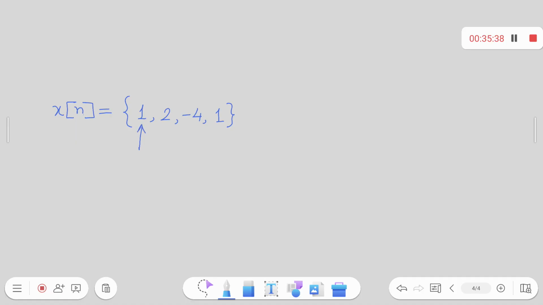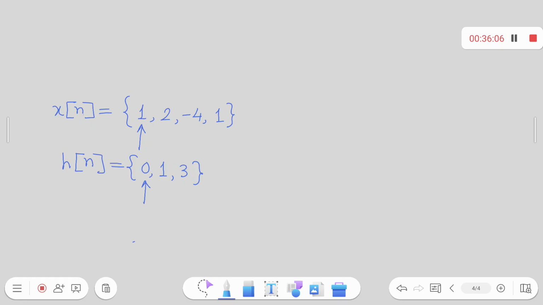And h of n is given by, say, 0, 1, 3. Is it okay? I have two sequences. Your input is given by 1, 2, minus 4, 1, and the impulse response given by 0, 1, 3.